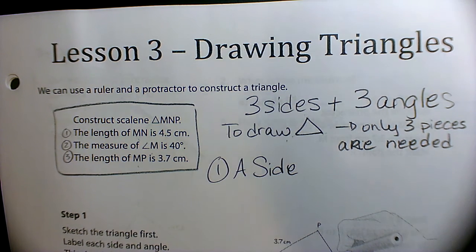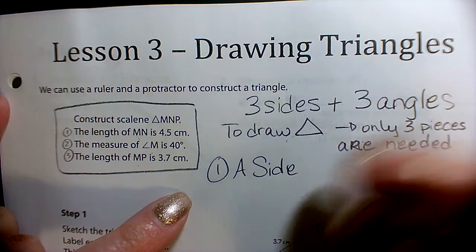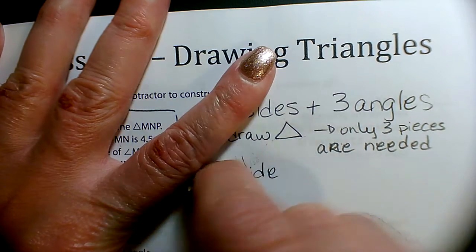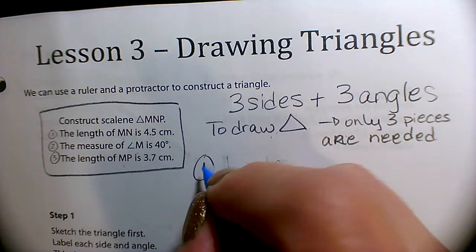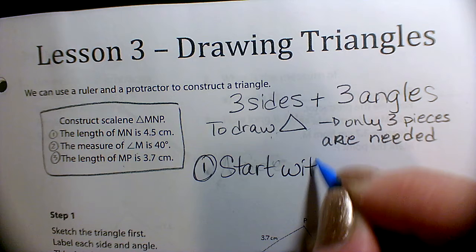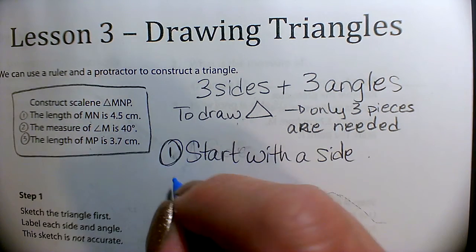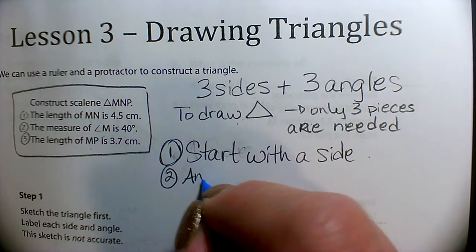So you have to start with a side. So when you're drawing your picture, you're going to start with a side, and then you're going to draw an angle, and then you're going to use whatever's left over.